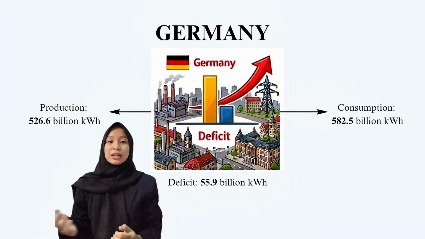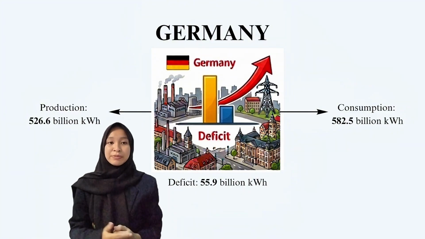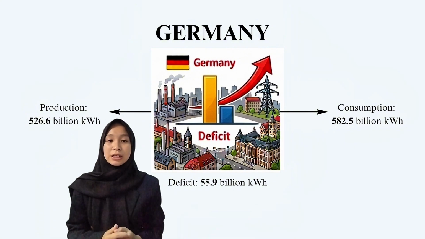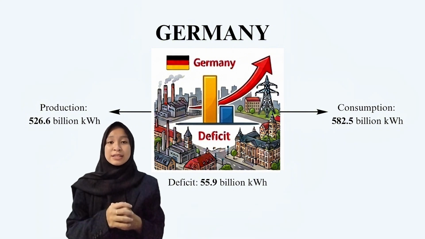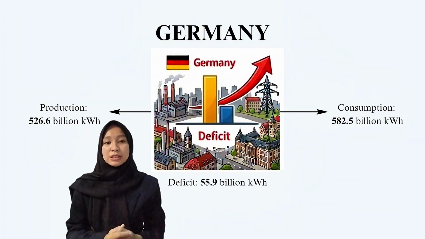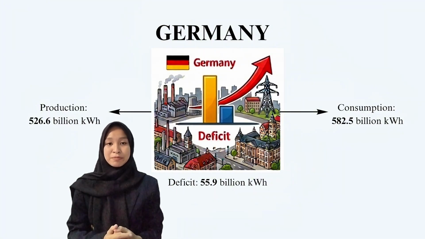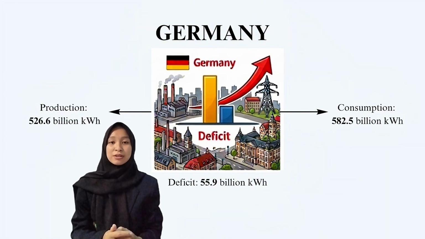Consequently, Germany records a production deficit of approximately 55.9 billion kilowatt hours because electricity consumption exceeds electricity production. Moreover, the red downward arrow and warning symbol represent the electricity deficit experienced by Germany. Therefore, Germany demonstrates an imbalance between electricity production and electricity consumption.